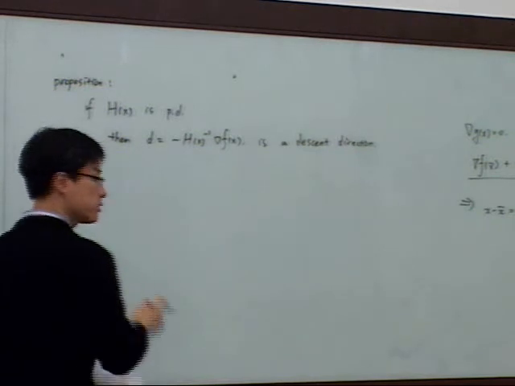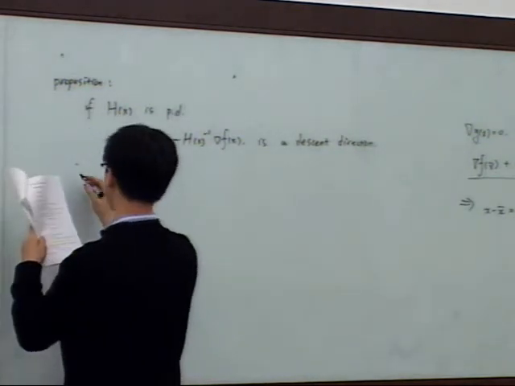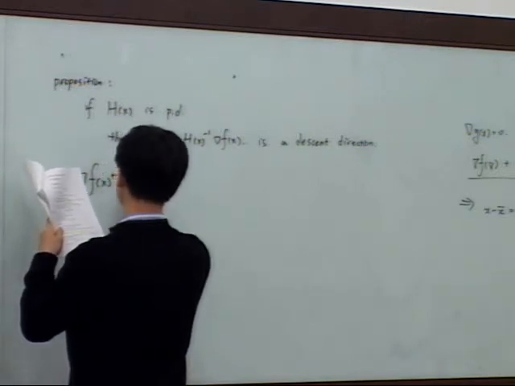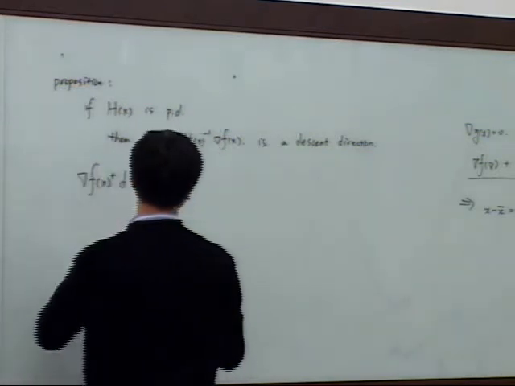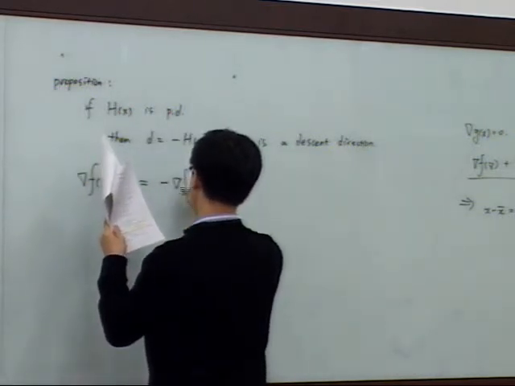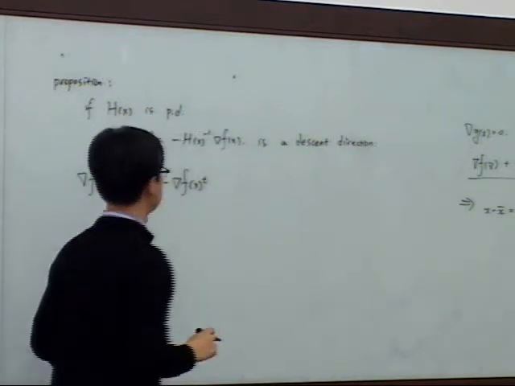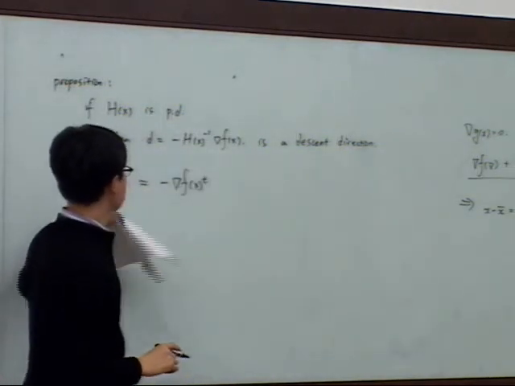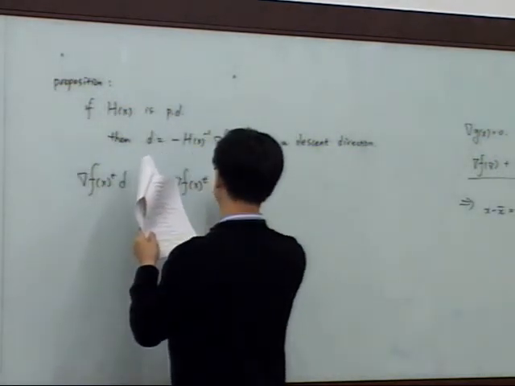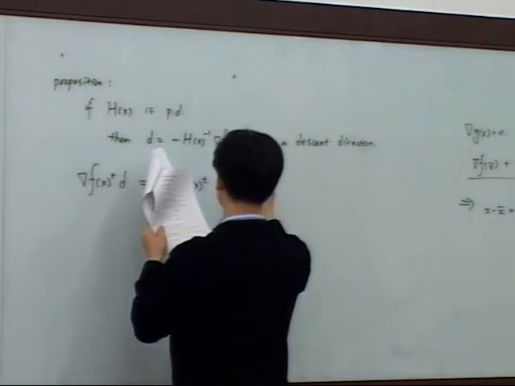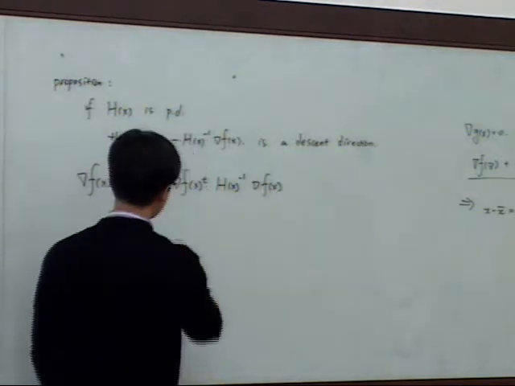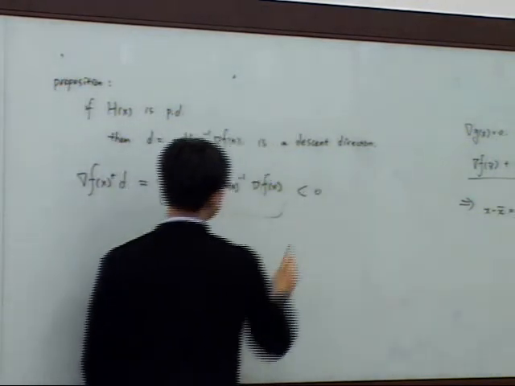In order to prove it, it is sufficient to show that gradient f(x) transpose d, which is minus gradient f in front of this Hessian inverse gradient, is less than 0.